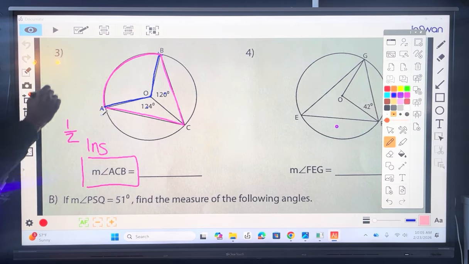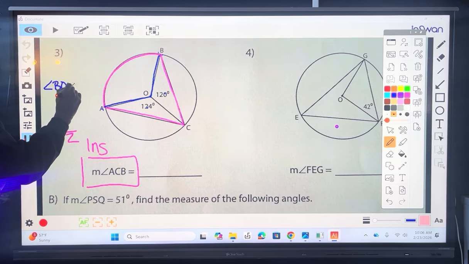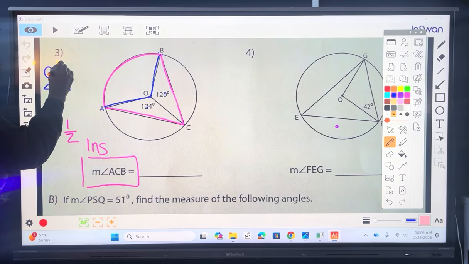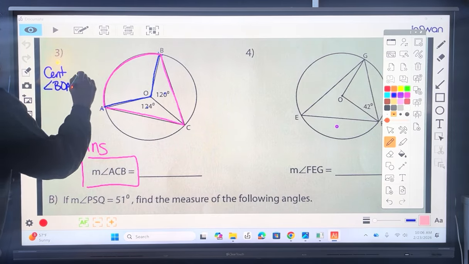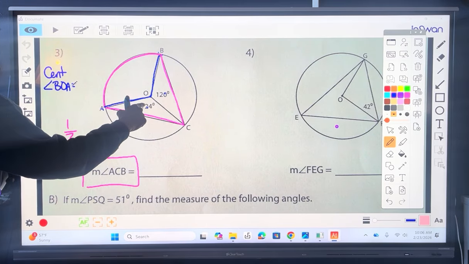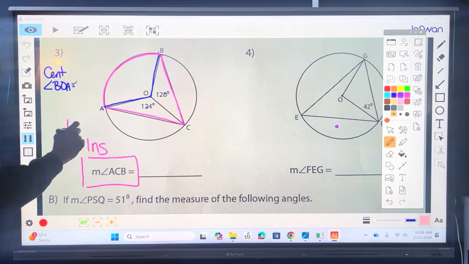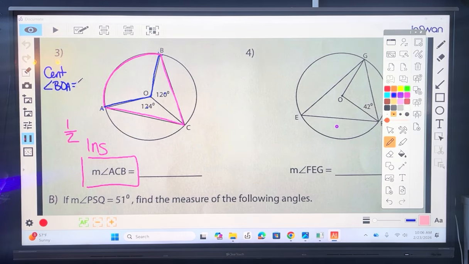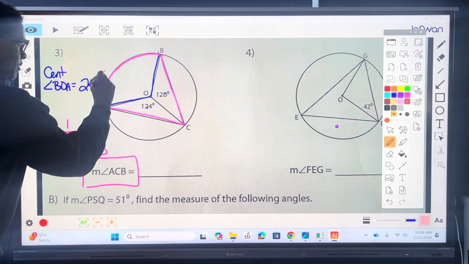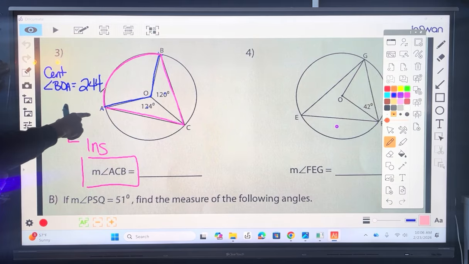And that's our what? Angle BOA is our central angle. So our central angle equals again what? 244. You would have made a simple mistake. So your central angle is 244.